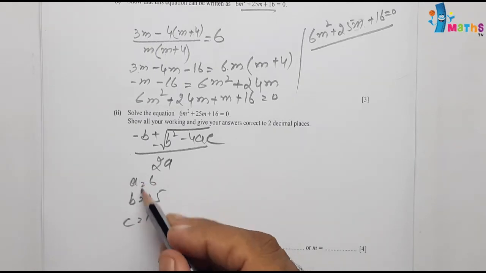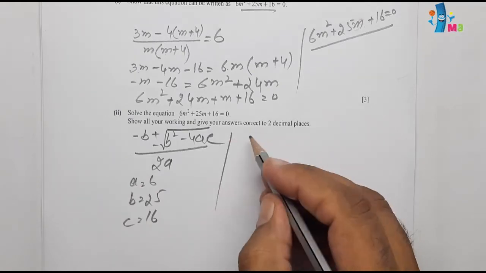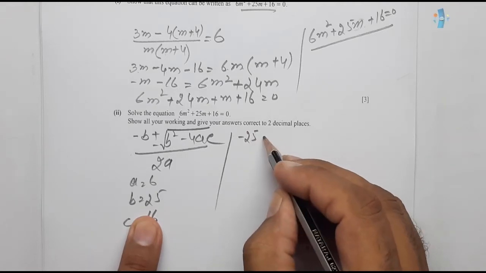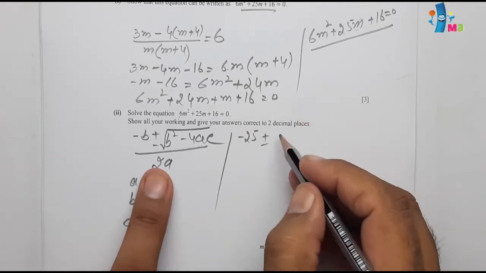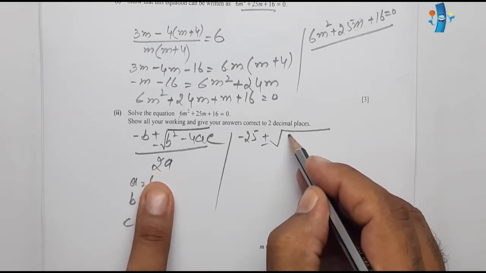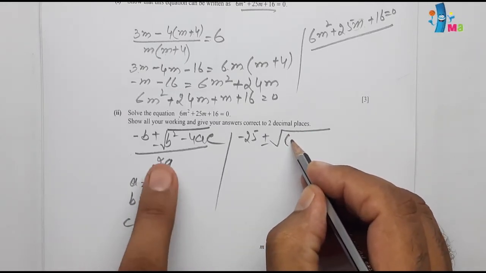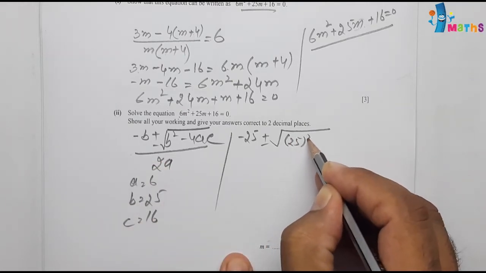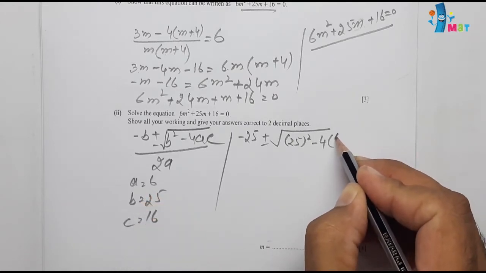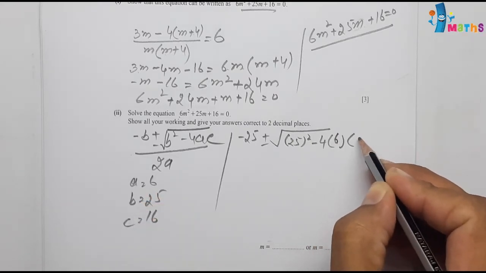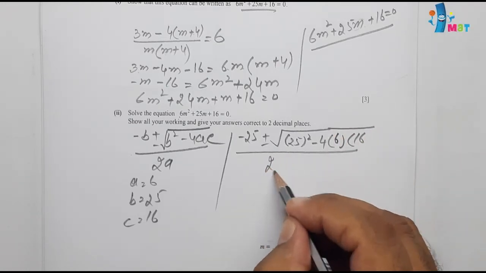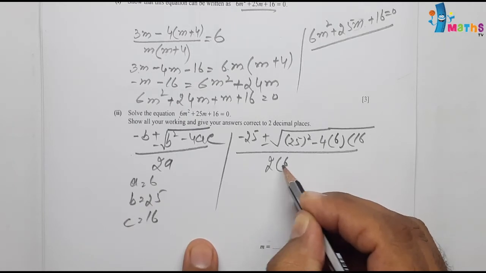So we'll replace these values in quadratic formula, minus b, minus 25 plus minus square root of b squared. So b squared will be 25 squared minus 4 times a, which is 6, times c, which is 16, so we can extend this root, and over 2a which is also 6.